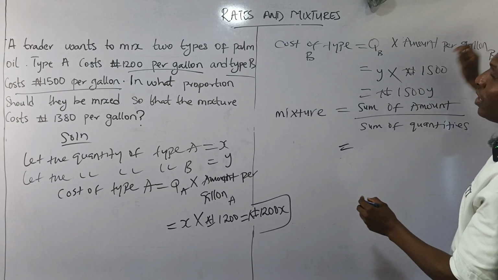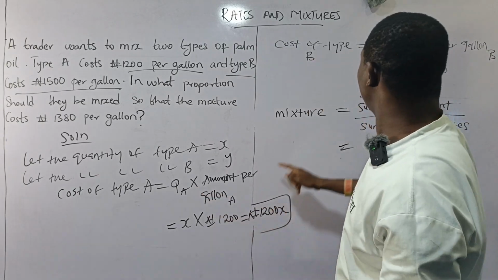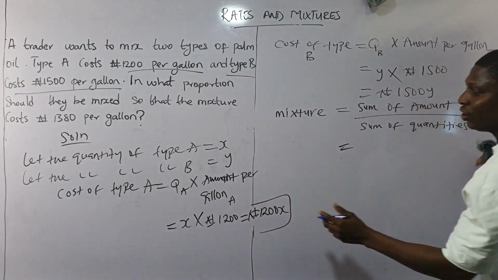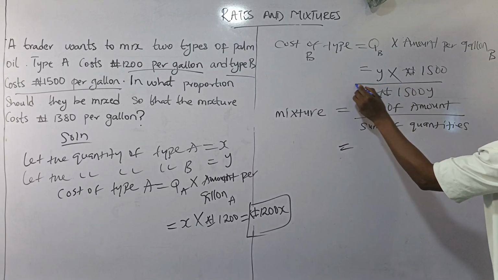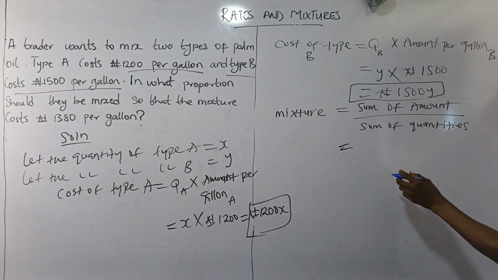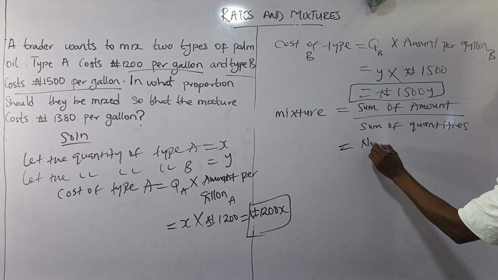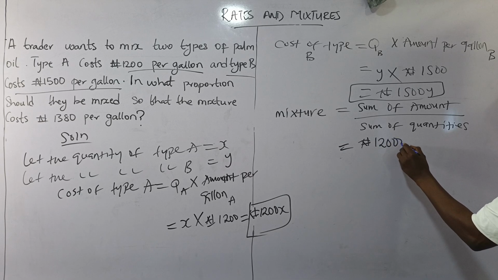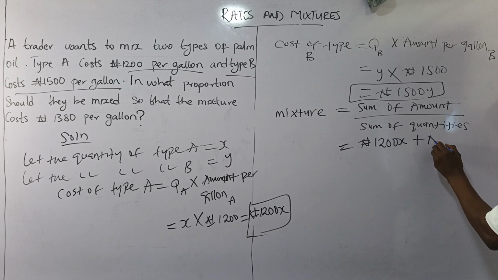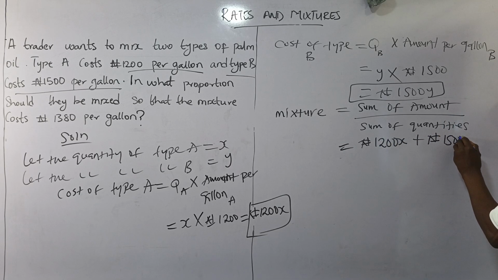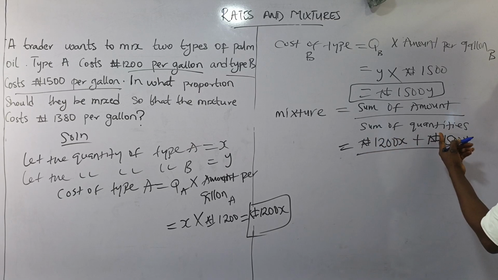The sum of the amounts is the cost of A and cost of B respectively, which is this and this. So I'll have in naira 1,200x plus 1,500y all over my sum of quantities.